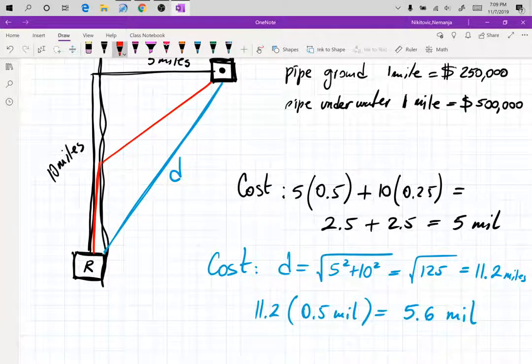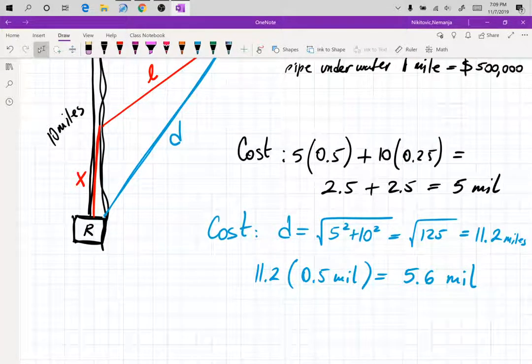We want to optimize so that cost is minimum. Right? So now I am going to have x distance on the ground and L distance length underwater for the minimum cost.